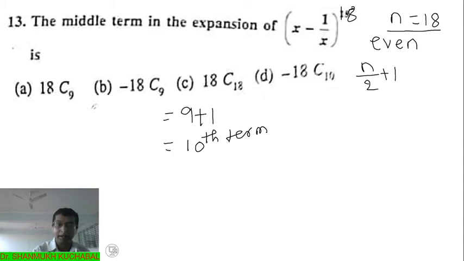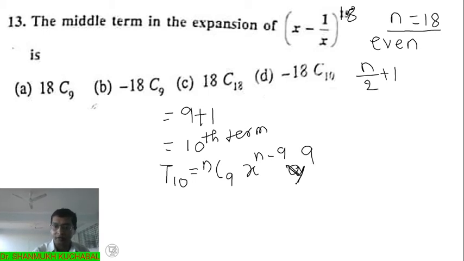General formula T r plus 1, that is T10 equal to nC9, x raised to n minus 9, and y raised to 9.